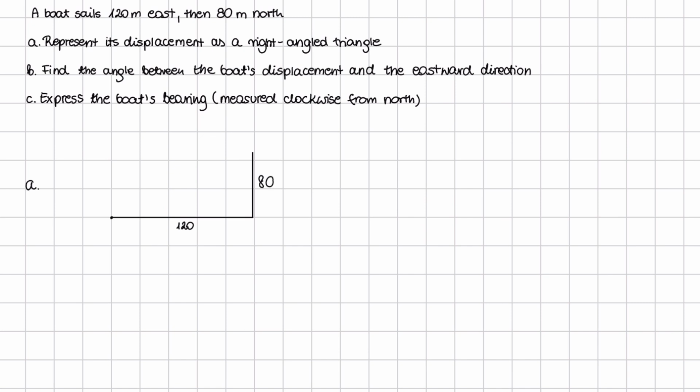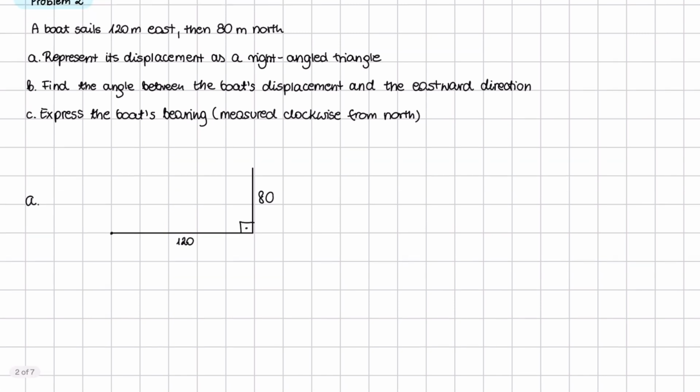So we know that here we have a right angle, and here we have our hypotenuse, so we have a right-angled triangle, and we have to calculate this distance. Basically we have to use the Pythagorean theorem.